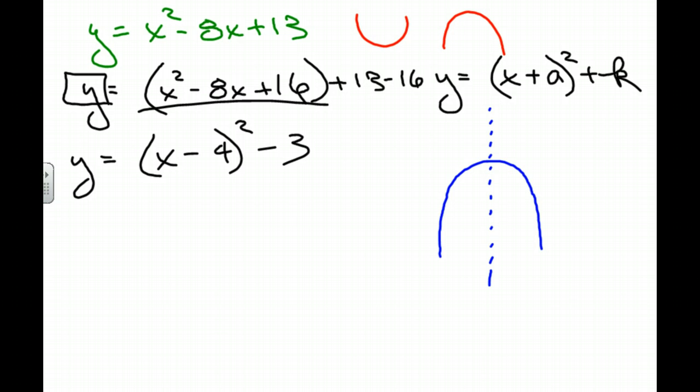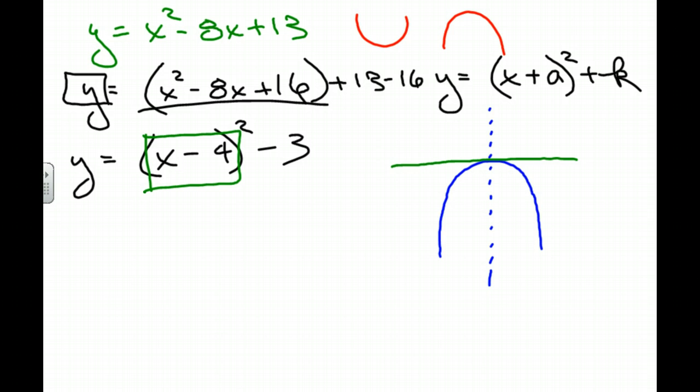What you're going to do is find what makes that 0. What's the slope of the line at the vertex? 0, right there.